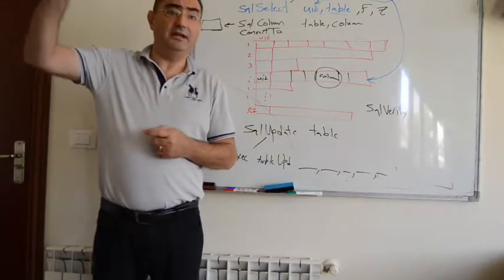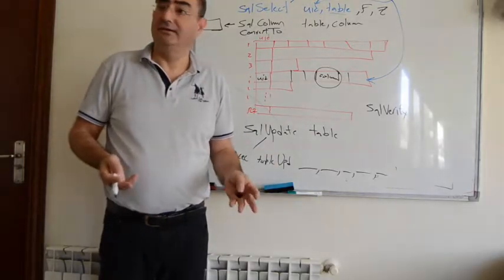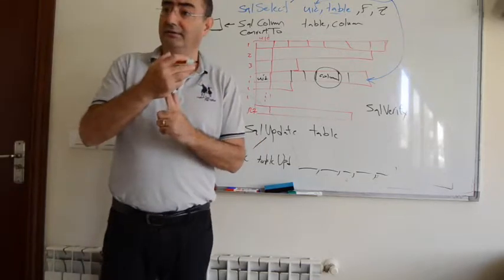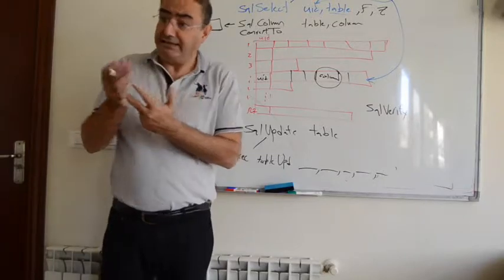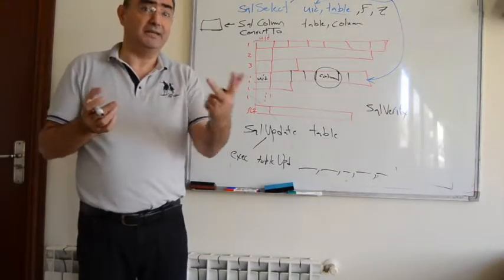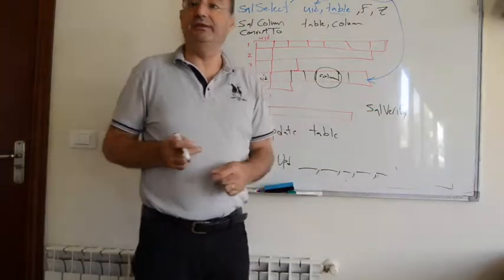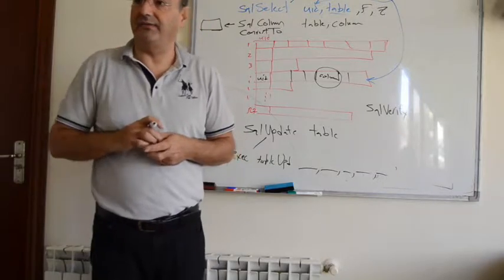This vendor has multiple addresses and I need his shipping address. I know the vendor and I know that the type of address is shipping, but I don't know the UID of that address. How do I go and get it from the database? Here I use the Sql Verify function.